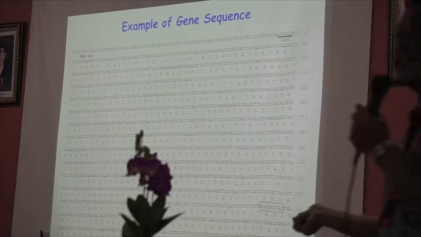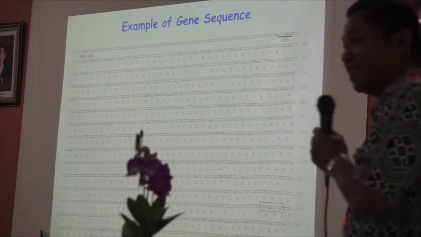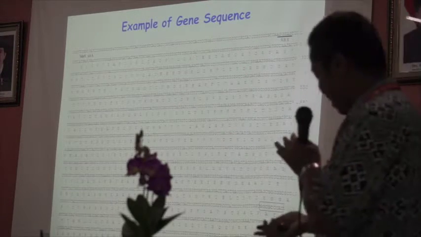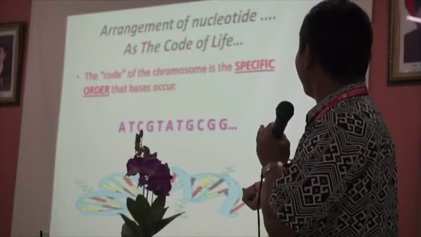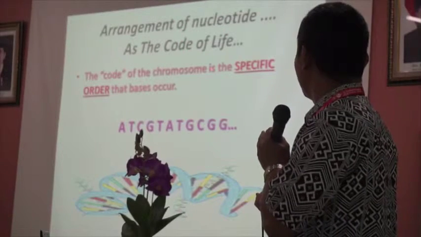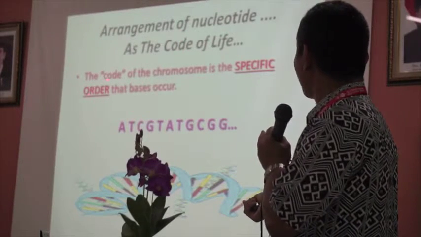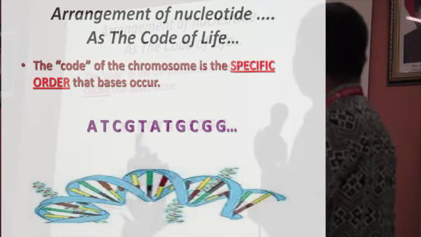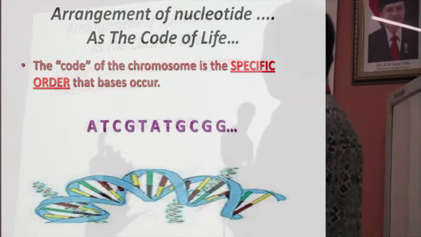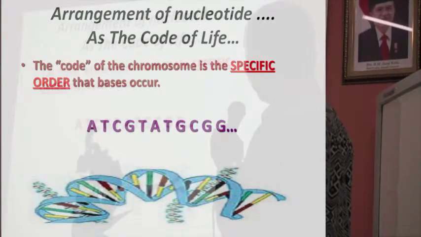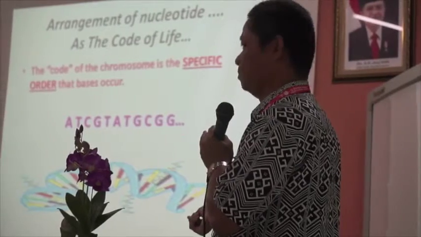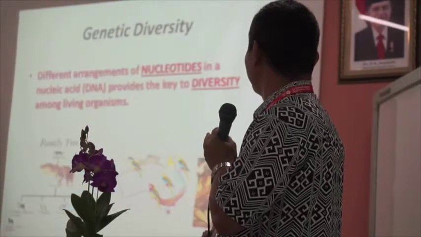What is the synthetic biology part of this? We should know what the gene is and the arrangement of the nucleotides, which is like a line. The code of the chromosome is in the specific order, that base order. So this is the DNA, and the structure is very specific.